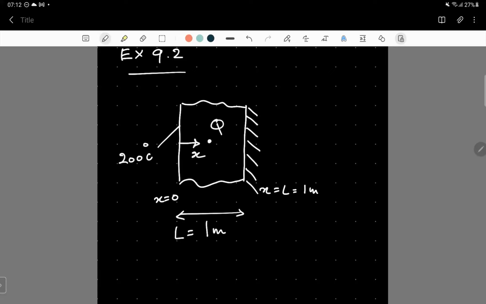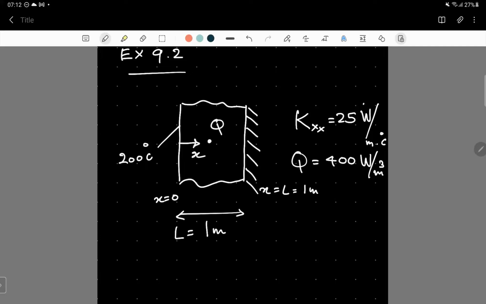The thermal conductivity of the wall material is 25 watts per meter per Celsius degree. Now we are using SI units, and of course there is uniform heat generation inside the wall, which we have denoted by Q. Q is equal to 400 watts per meter cubed.